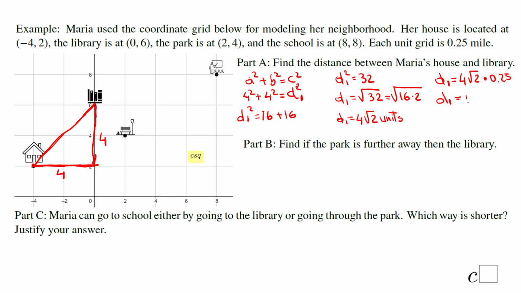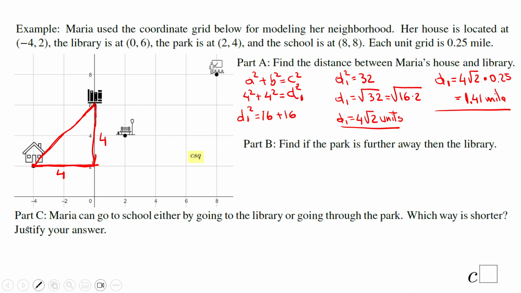I'm going to round it to the nearest hundredth of a mile. So very important, these two are good answers, but we're going to need the second one, because they ask us the distance, and that should be in miles.